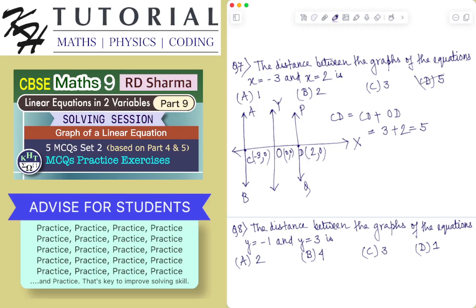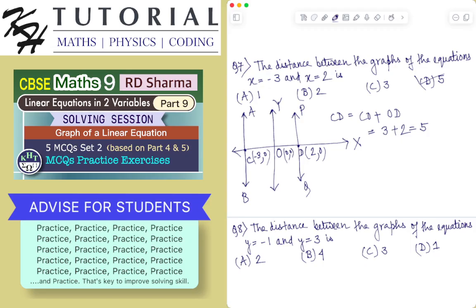This was how we solved it visually or graphically or geometrically, but you can quickly answer this question by seeing the equations x equals -3 and x equals 2. What you do is you basically take the mod of the difference.